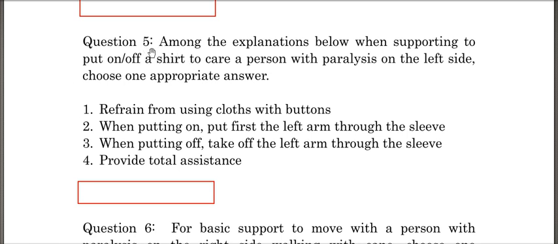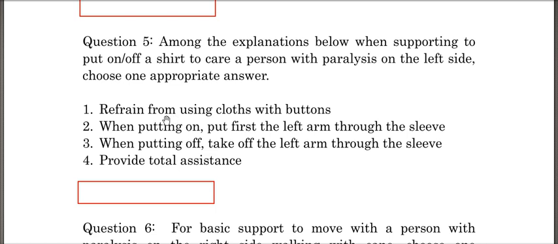Okay. Question 5. Among the explanations below, when supporting to put on and off a shirt to care a person with paralysis on the left side, choose one appropriate answer. 1.